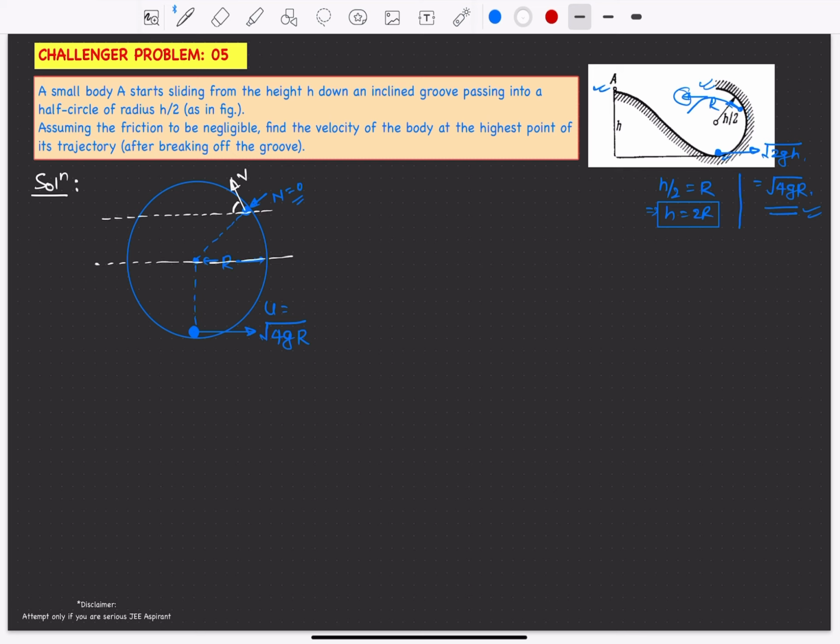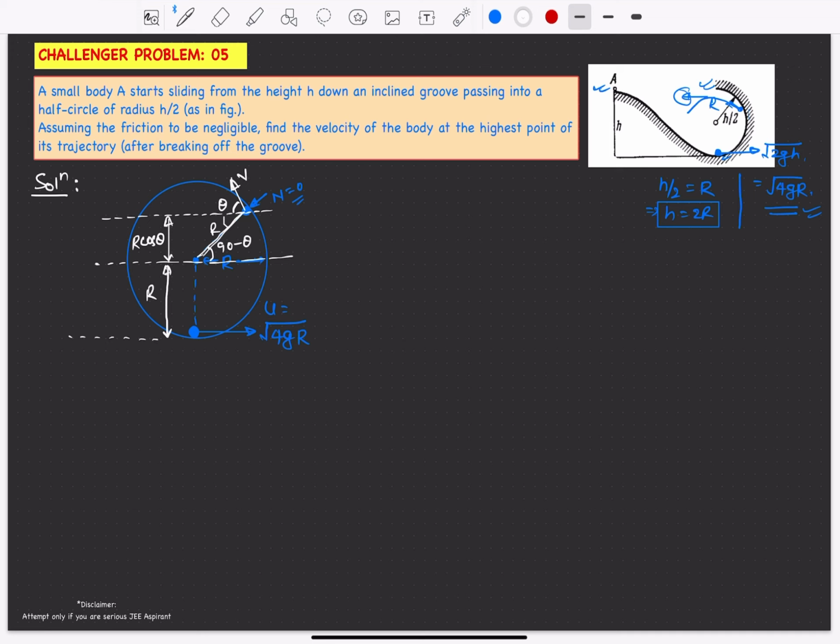Let's assume this angle is theta. If this angle is theta, this angle will be 90 minus theta, and this angle will also be 90 minus theta. Now, this height will be how much? This is r from here to here, this is r sin(90 minus theta), which is r cos theta, and from here to here, this height is r.